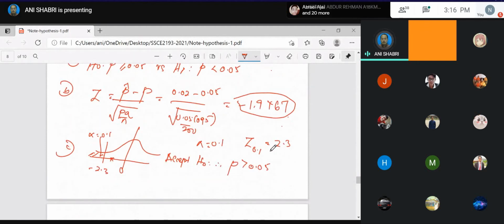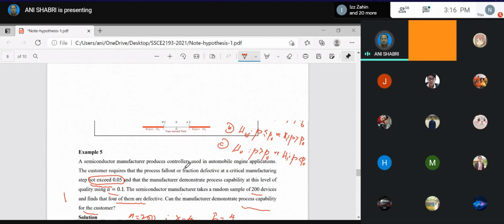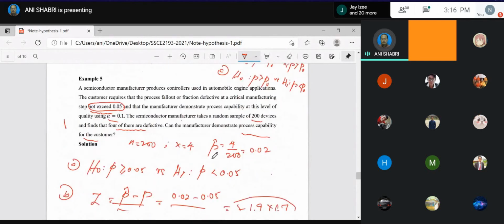So, do we support or not support? We do not support the claim. Conclusion: we do not support the manufacturer's claim.